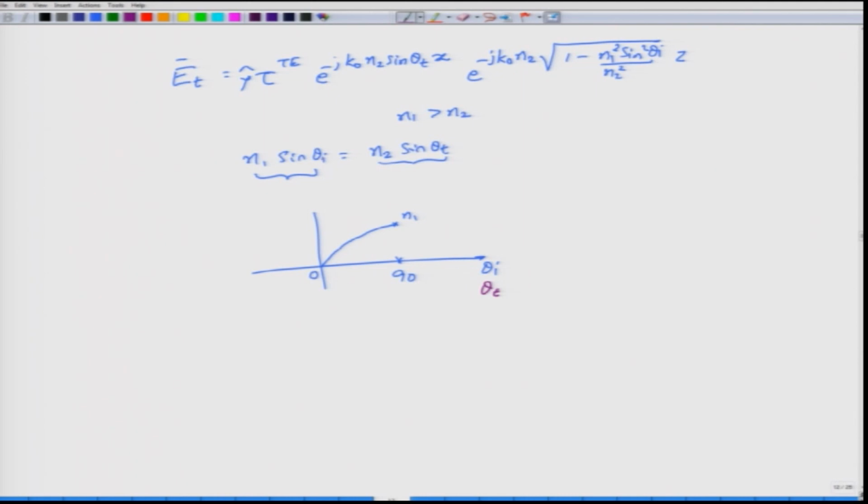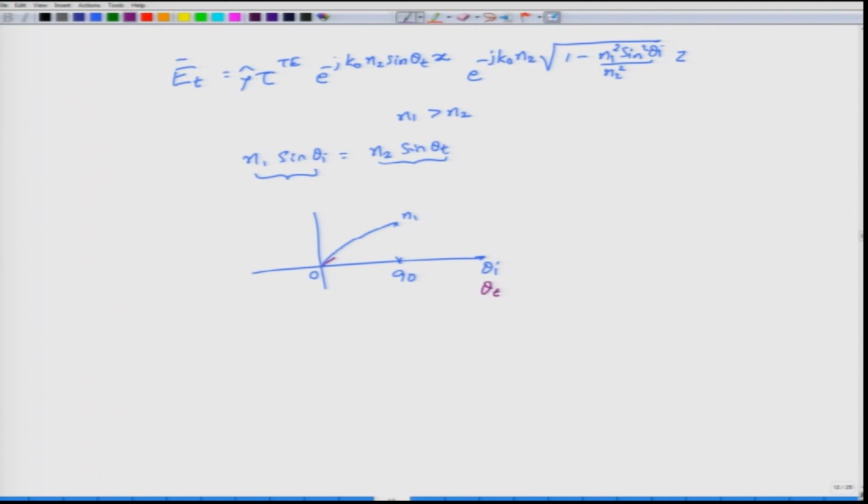Depending on theta_I, theta_t increases faster, because it has a smaller value of n_2 to compensate for the larger value of n_1, and at some point it just cannot. I am not able to draw this well, so let us say I am trying my best here. At some point it goes slightly like this. This is what would happen for n_1 and this is what would happen for n_2.